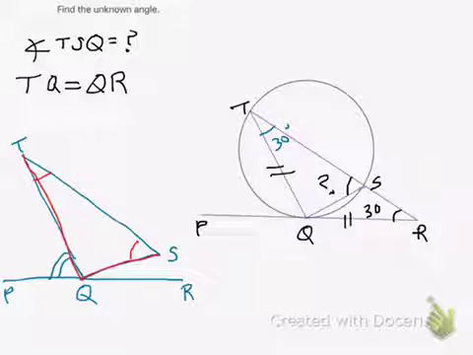We can say that chord TQ is longer than chord QS. It's just obvious. So the angle made by the longer chord with the tangent, here the tangent is PQ, the angle made by the longer chord with tangent PQ is this angle TQP, corresponding is equal to the bigger angle inside the triangle.